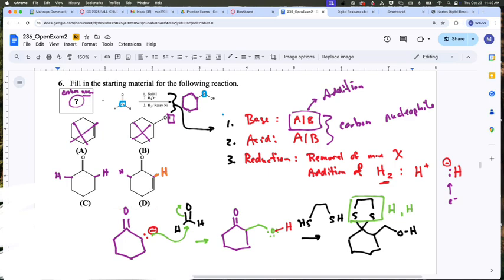And that gets me my final product. Say again? It's not a protection, it's actually activating it so that it does that reduction. So it looks like it would be a protection, but the dithiol is particularly susceptible to reduction.